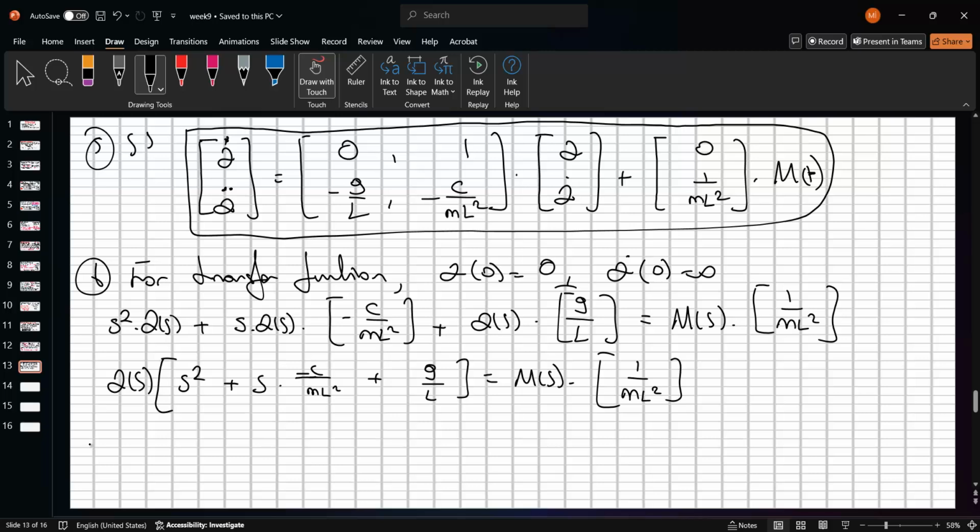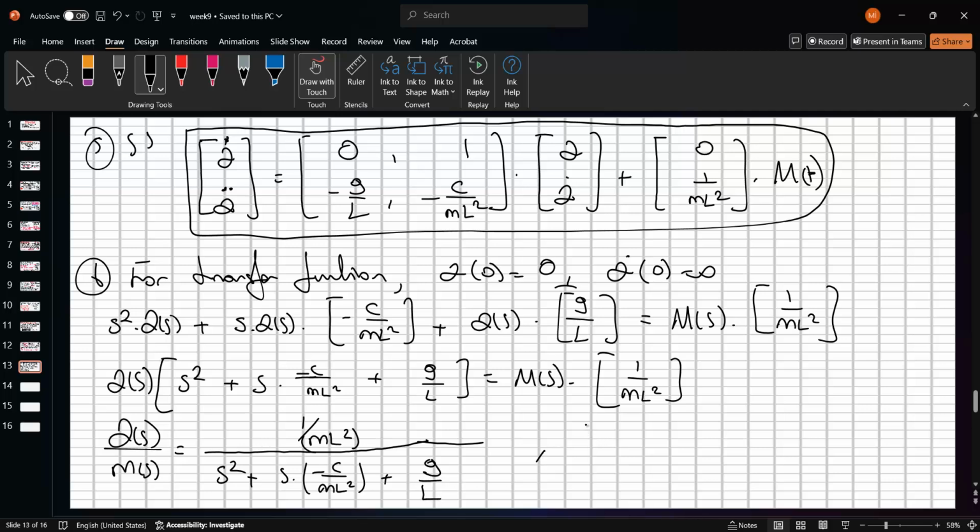And so theta(s) divided by M(s) can be written like this: 1 divided by ml squared over s squared plus s times minus c divided by ml squared plus g divided by l.